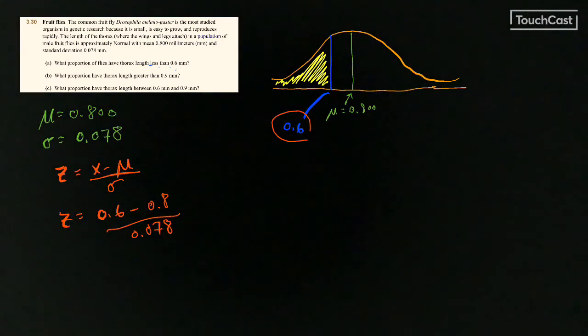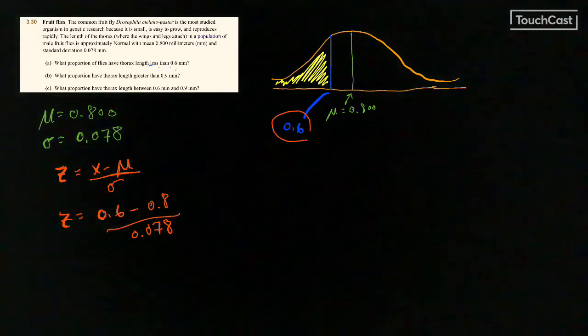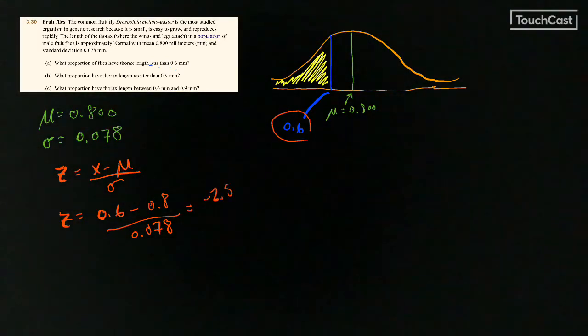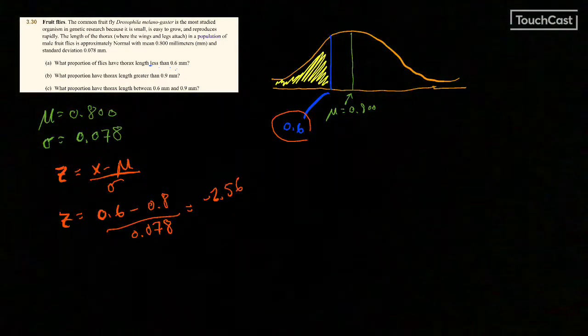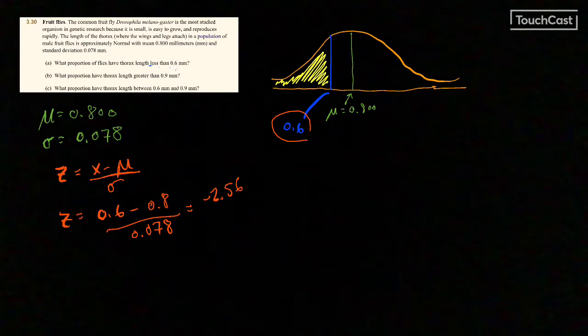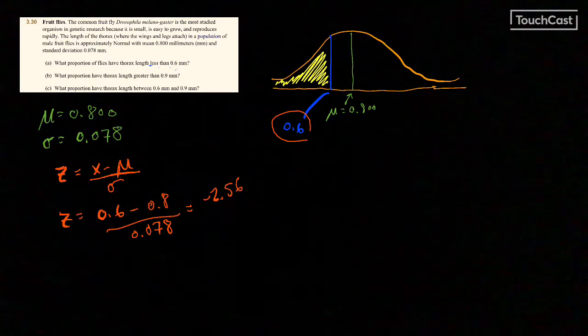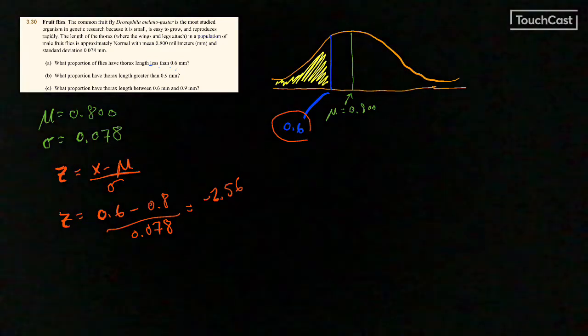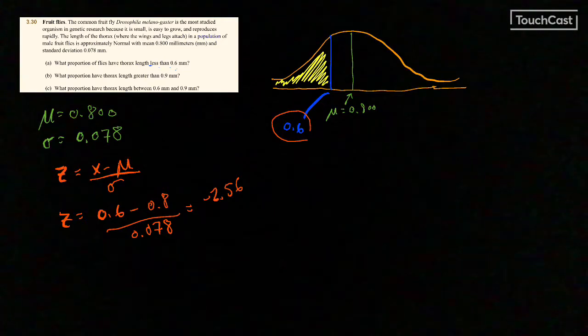And if I take out the handy-dandy calculator, I can do the math here. 0.6 minus 0.8 is negative 0.2, divided by 0.078 is negative 2.56, roughly. We only have to go out 2 decimal places, because the tables only go out 2 decimal places. We could get really accurate with it, but we're not going to do that for this exercise. So negative 2.56 is the number.